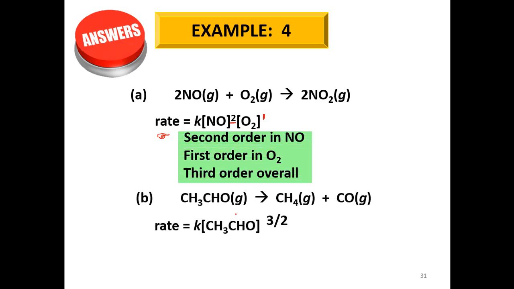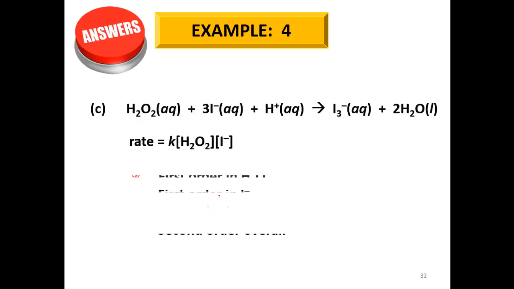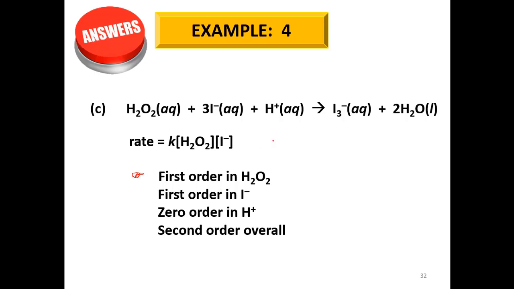Dan yang ni pula, nampak dia punya reactant tu to the power of 3/2. So order dia 3/2 order in CH3CHO. So overall dia pun samalah sebab ada satu reactant sahaja. Alright. Kalau untuk equation ni, you nampak ada 3 reactant. Tapi dalam rate law kita hanya H2O2 dan I- sahaja terlibat.